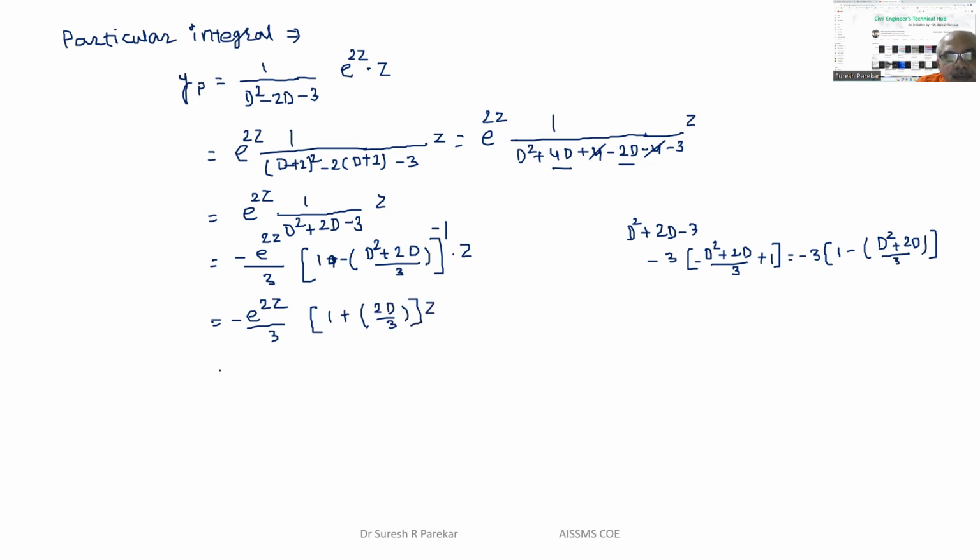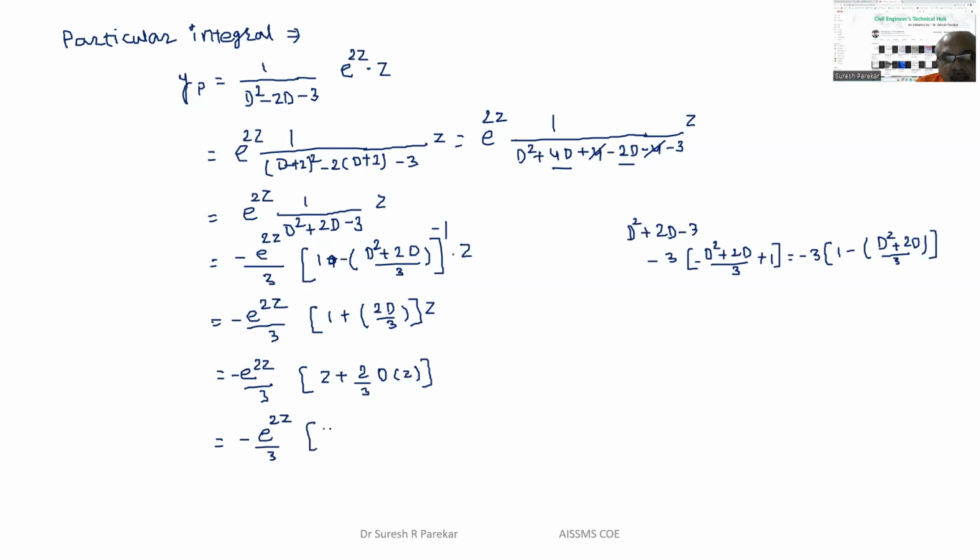And now if we will make it separate, minus e to the power 2z upon 3 in bracket z plus 2 by 3 d of z. And then if we will solve this, then we will have this as minus e to the power 2z upon 3.